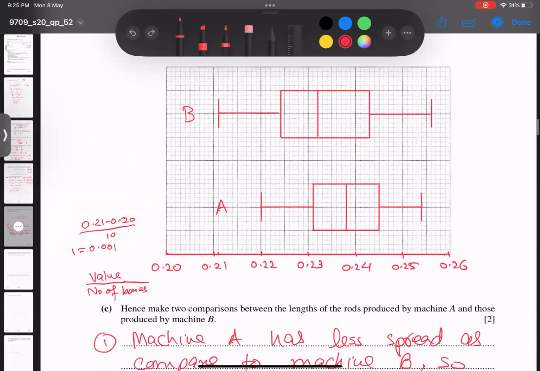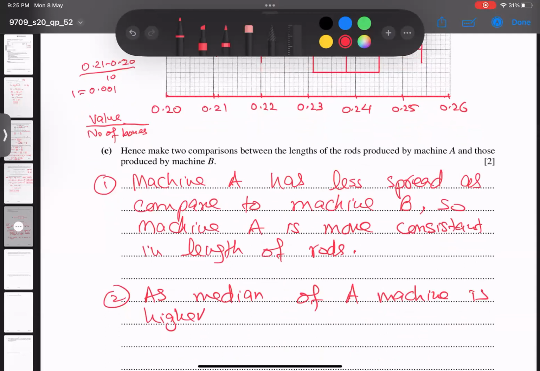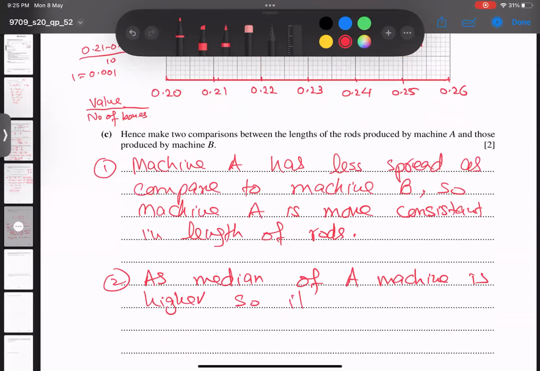The median of A is higher as compared to B. So the median of machine A is higher, which means machine A produces longer rods as compared to machine B. I hope the concept is very clear.